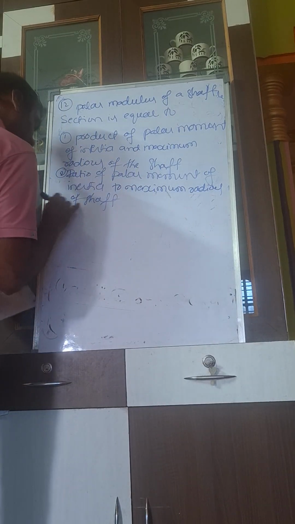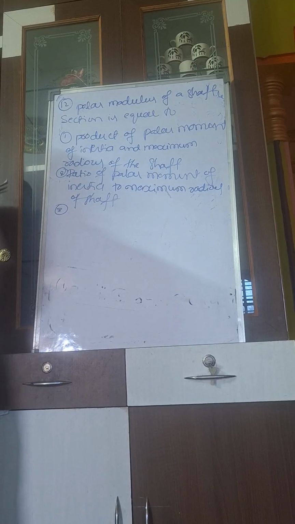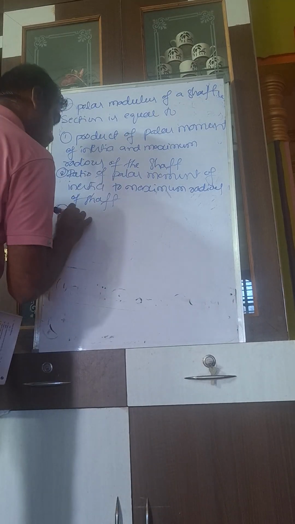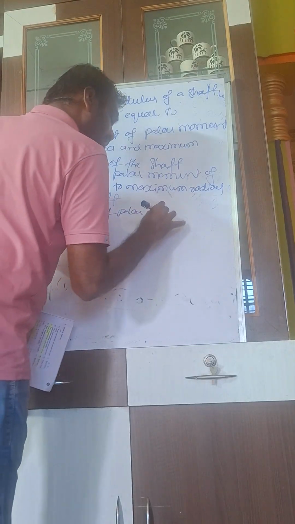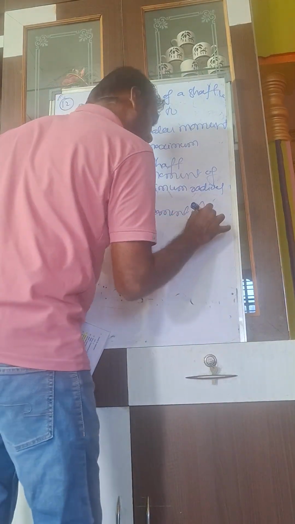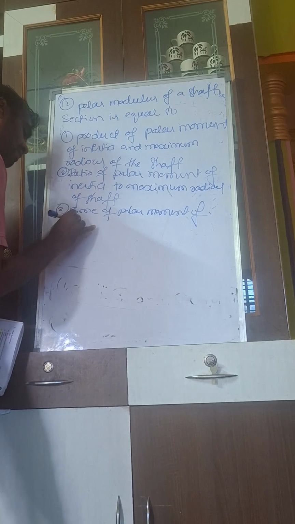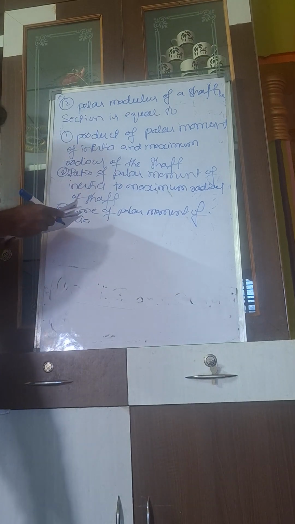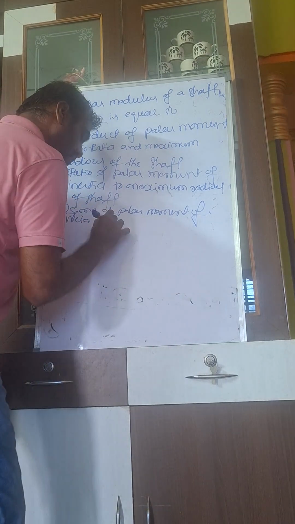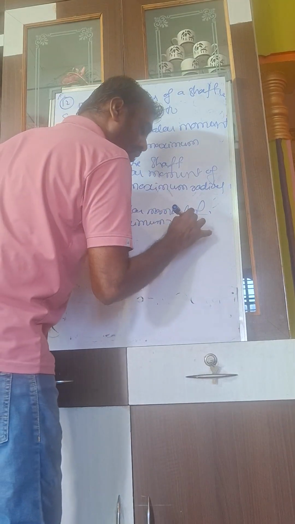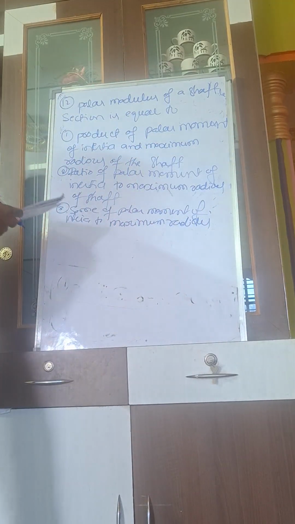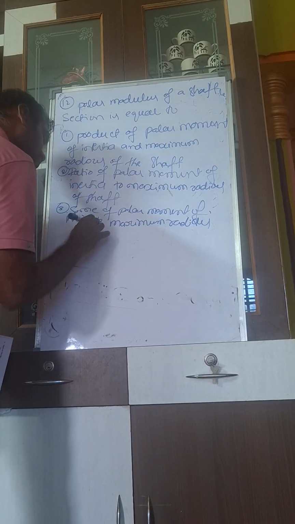Third one: sum of polar moment of inertia and maximum radius of the shaft.